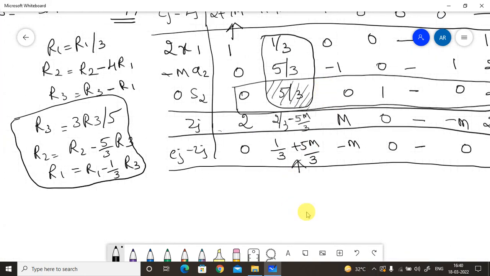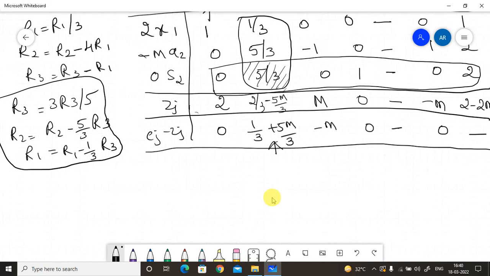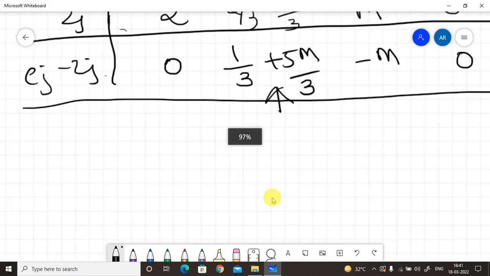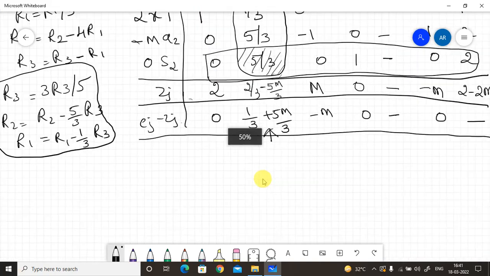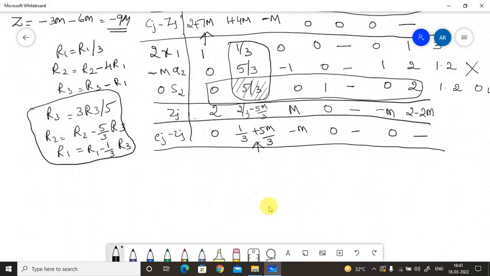Now I'll solve the problem after doing all these changes. First I'll extend this line.